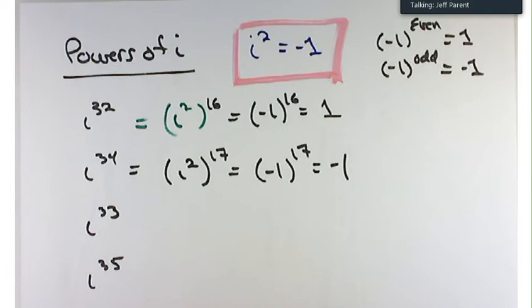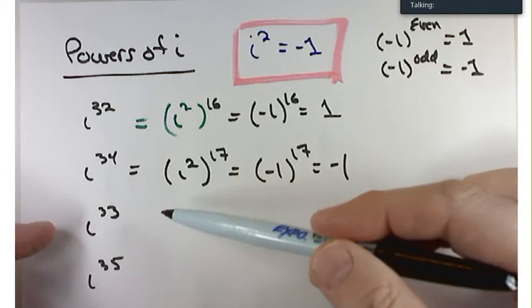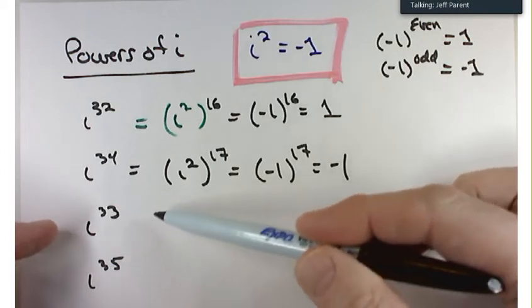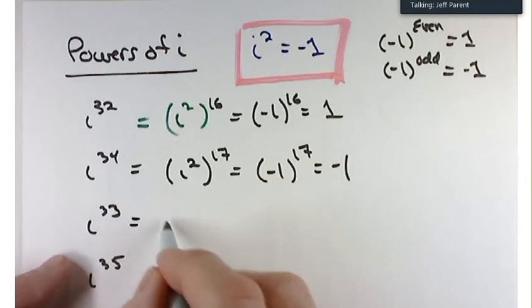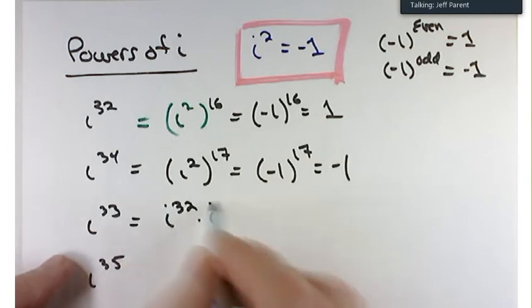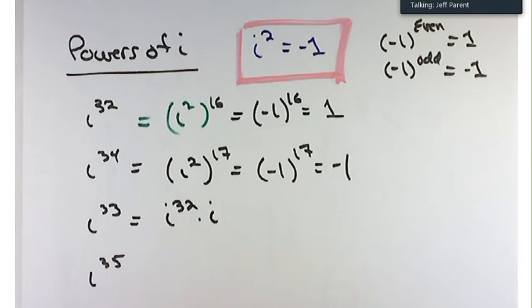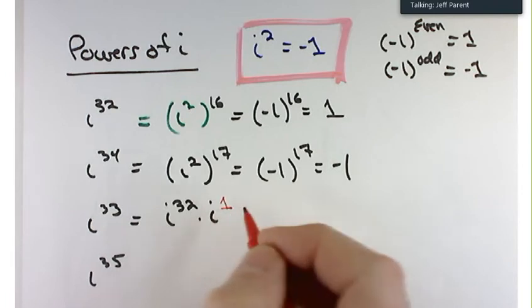Now that works well and good until we get down to here. Unfortunately, we've got an odd number here, which is kind of a pain. But let's work around it this way. I'm going to write this as i to the 32nd times i. Why can I do that? When you multiply things with the same base, you add their exponents. And even though it's not written, it's understood that there's a 1 here.